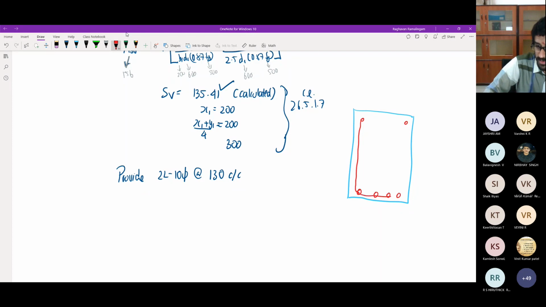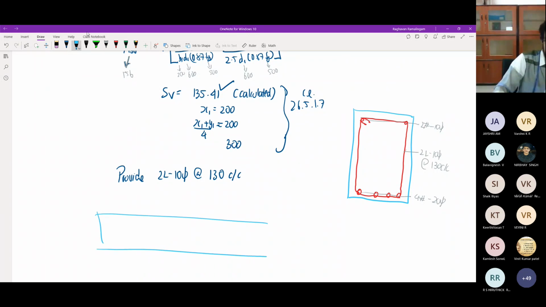So these are my stirrups. These are two numbers of 10 mm hanger bars. This is a two-legged 10 phi at 130 center to center. This is 4 numbers of 20 diameter bars, and of course you can draw them in the cross section as well.